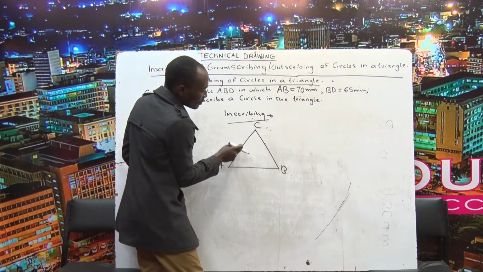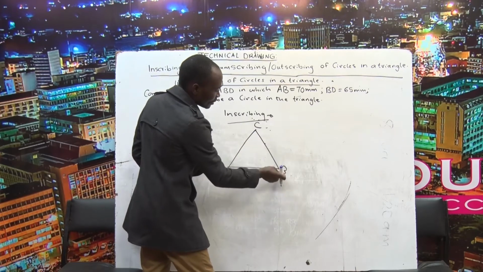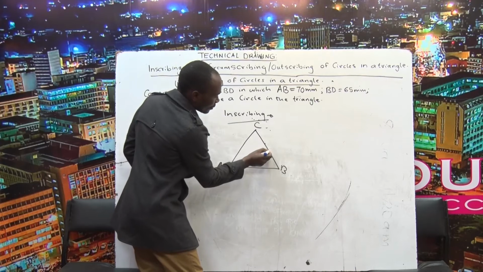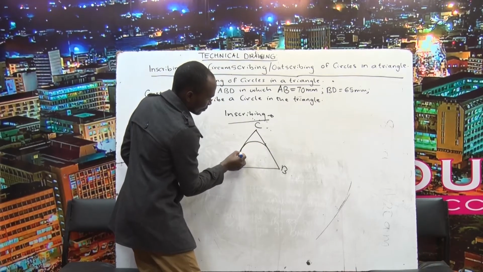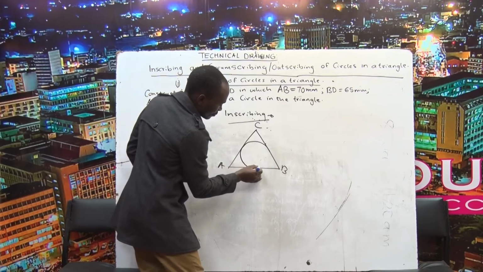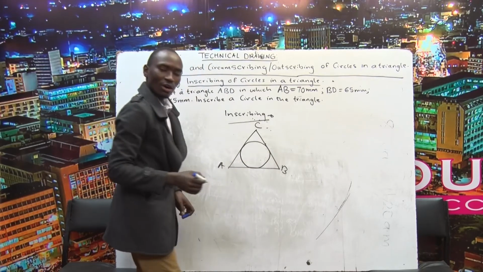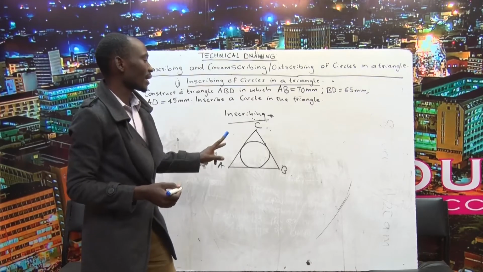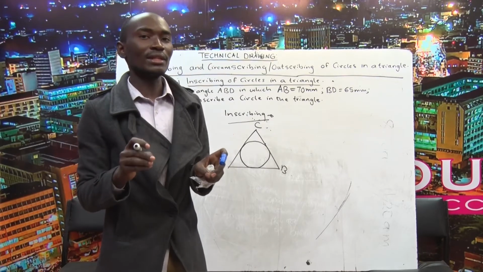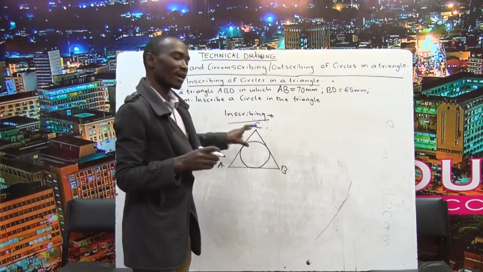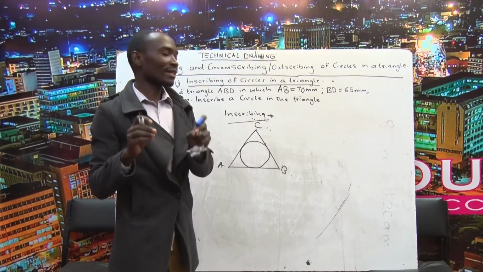We have this side, this side, this side. So let's inscribe. That is now inscribing, simply because our circle has passed inside our triangle and it has touched the sides of that particular triangle.